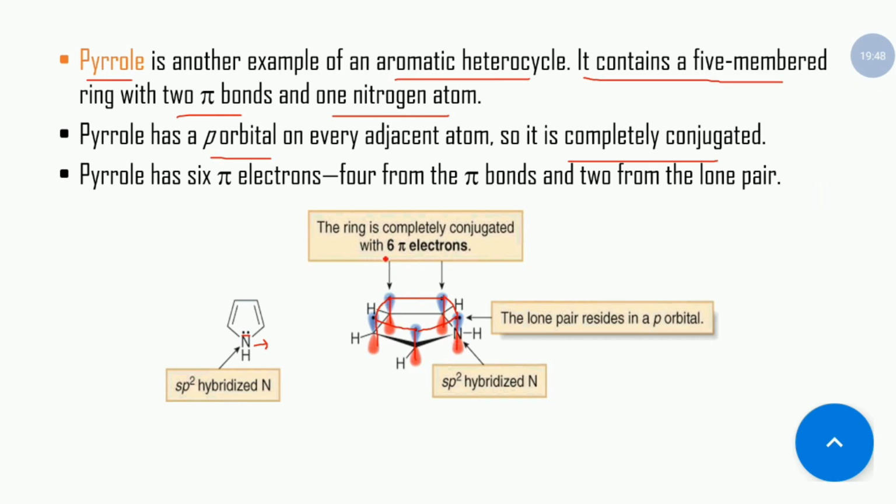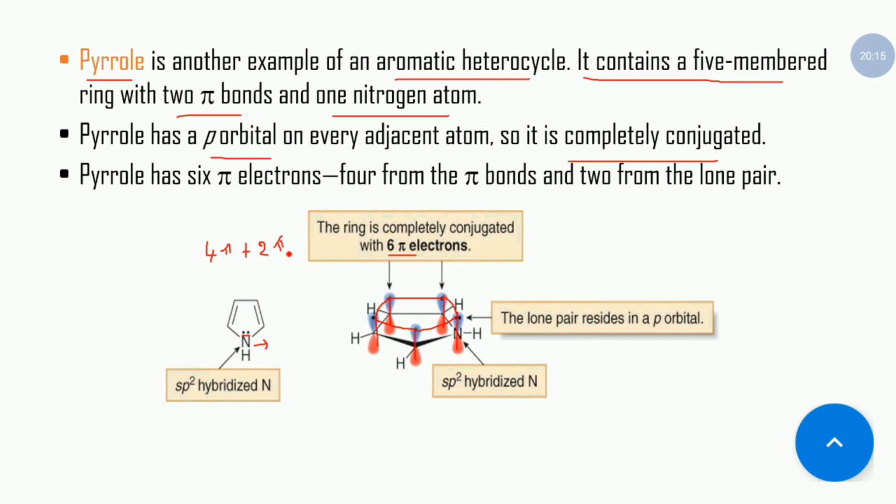So it also has a total of 6 pi electrons. How are you getting the 6 pi electrons? Here 2 pi bonds are there, that means you have 4 pi electrons, and you get 2 electrons from the lone pair.